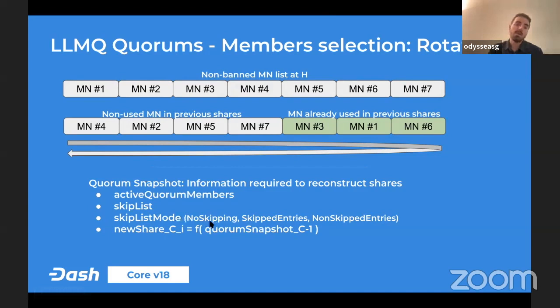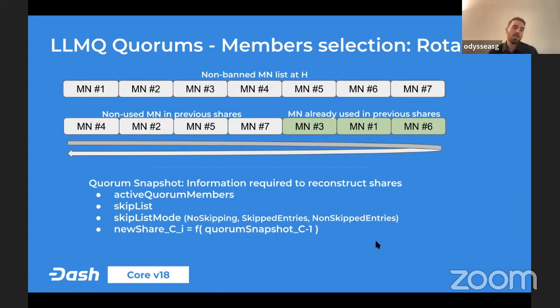Also, we have a skip list mode. So we have the no skipping mode, where nobody got skipped, so we got lucky. The skipped entries mode, the case as said, but there is also the non-skipped entries mode, where basically we have more skipped entries than masternodes. Then we just write the opposite. I think this is applicable when we have a quorum size greater than 2/3 of enabled masternodes, I think.